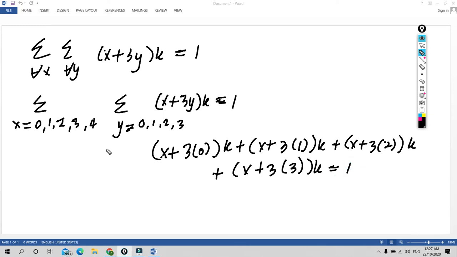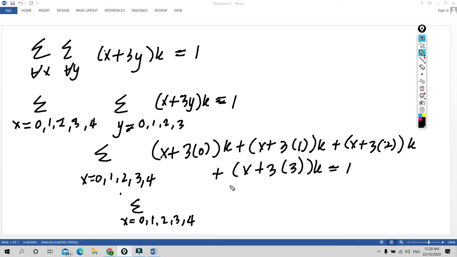And don't forget the outer part. The outer part is the summation of x equal to 0, 1, 2, 3, and 4. So we solve the inner part first.